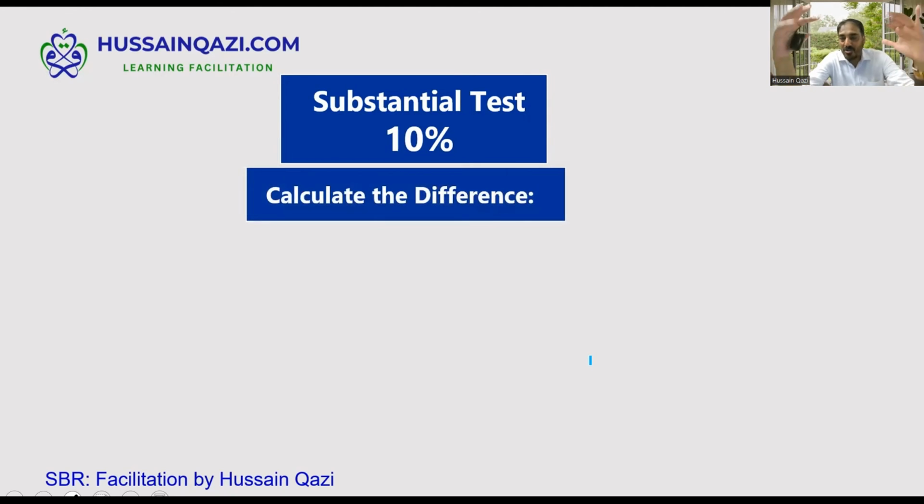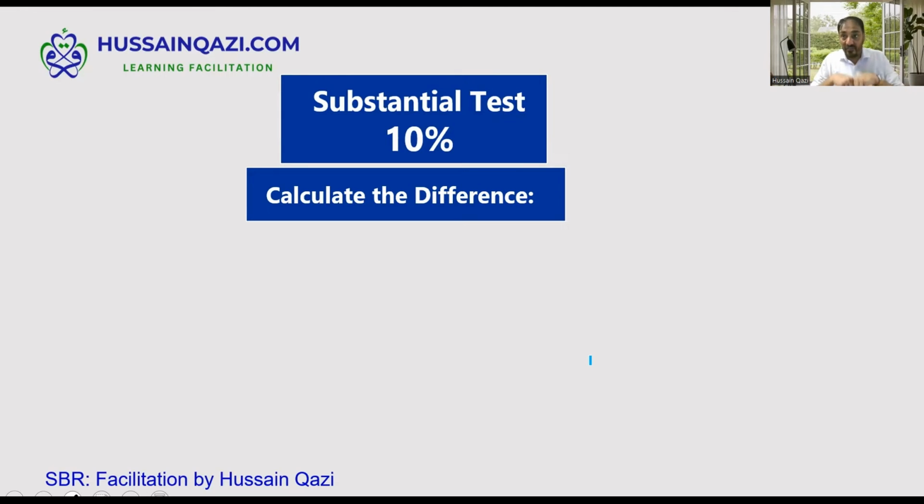Okay. So how to assess this 10%? We need to calculate the difference. Wait. We need to calculate the difference when? At the point of negotiation. When the negotiation has been done, when the modification has been done, for example, in our example, at the end of year 2, or reporting year 2, or the modification date.